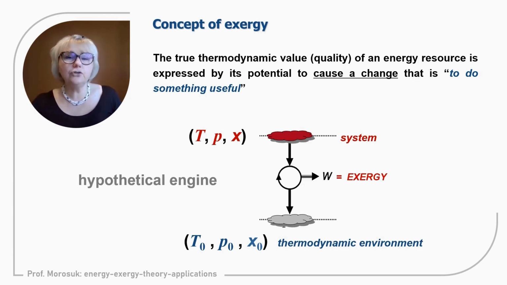It is not a heat engine or an internal combustion engine, it is just a hypothetical engine, an expansion machine. When a system with certain temperature, pressure, and chemical properties is expanded to the same characteristics as the thermodynamic environment, meaning the temperature, pressure, and chemical conditions of the environment, we can produce work as in an engine. And this work is exergy.